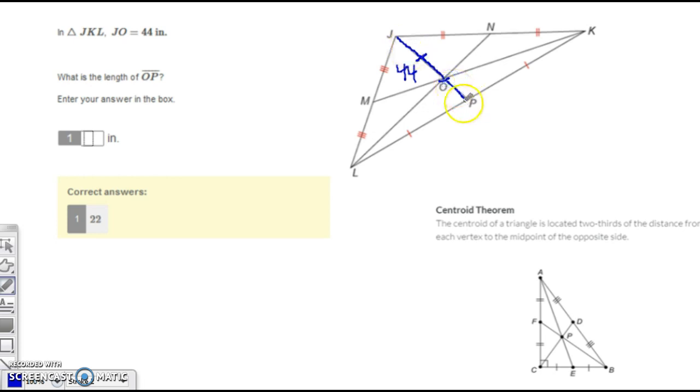So now I have it in 3 pieces. So I'm going to take that 44 and I'm just going to divide it by 2. So now I know each of my pieces have to be 22 units long. Again, this is not the only way to solve it. I think the OHS teaches a different method. This is just the way that I like to do it. So now I know that OP is 22 units.